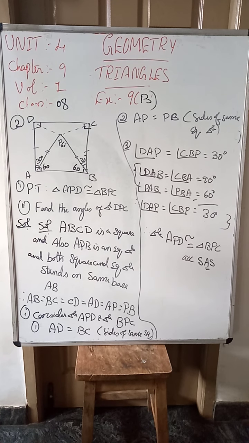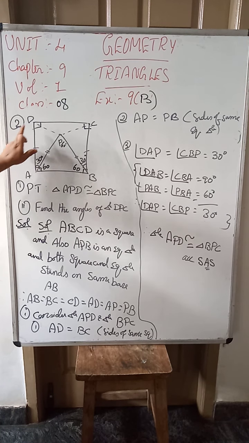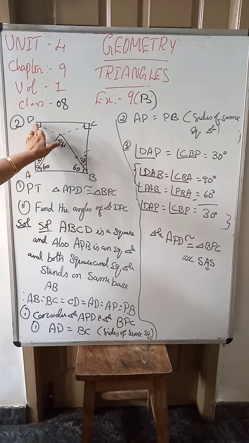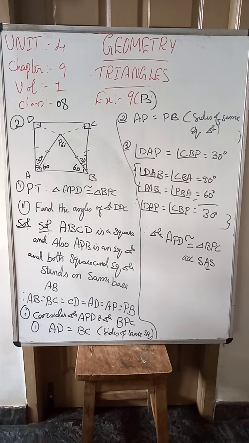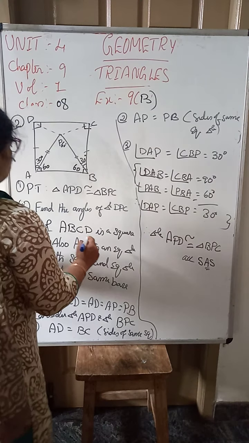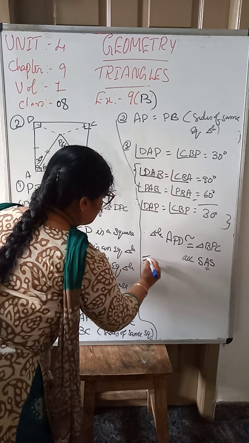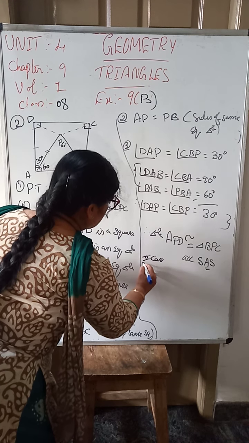Now we are in need of a lot of supplementary work to find the angles of the triangle DPC. First we have to find out this angle and this angle. Children, let me write that down. I am going for the second case.